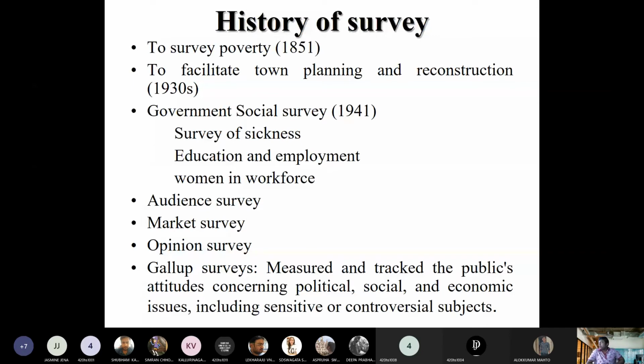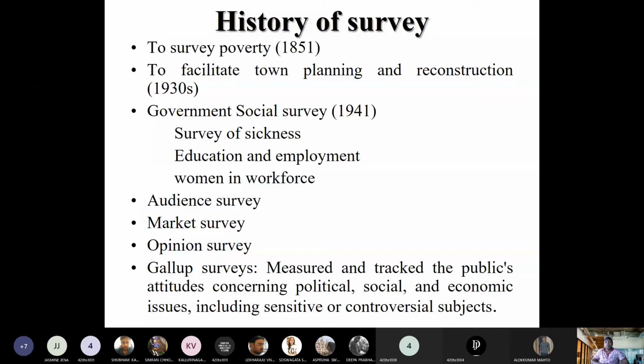We do opinion polls on, suppose, the popularity of Prime Minister Narendra Modi, the popularity of the Chief Ministers of various states, the popularity of Indian political leaders among the people.